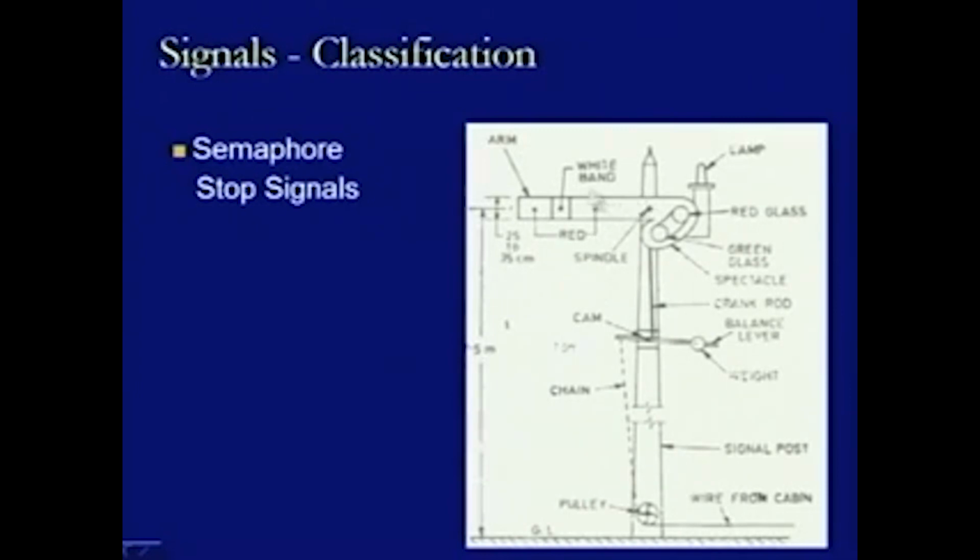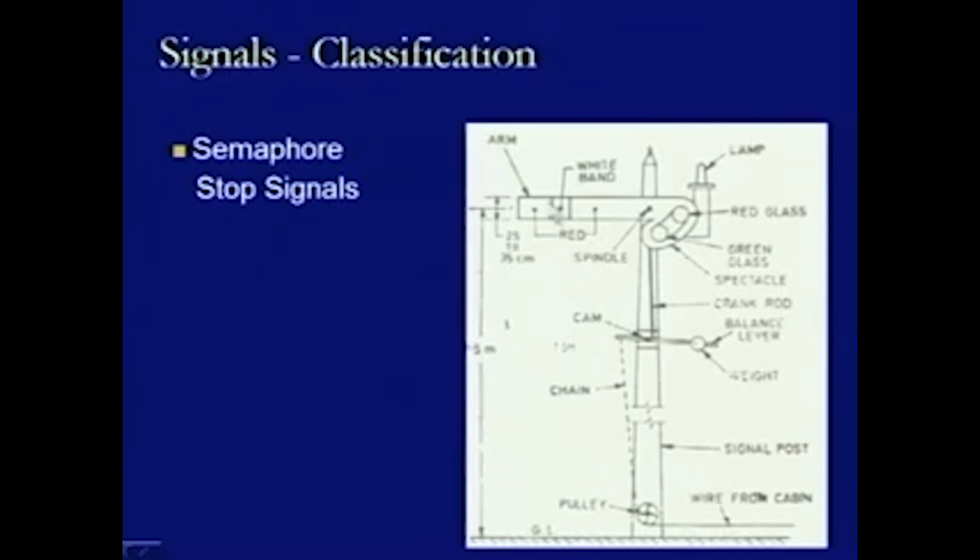Now, this movable arm is of rectangular shape and is 25 to 35 centimeters in width, and it is provided at a height of 7.5 meters from the ground level. So, the center of this movable arm is at a height of 7.5 meters.